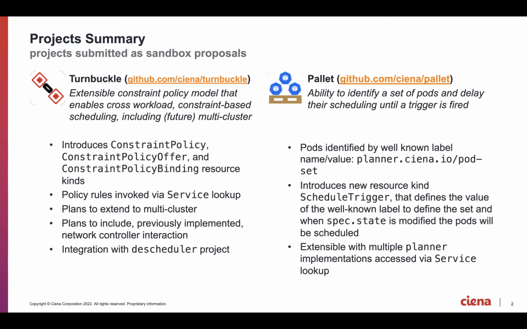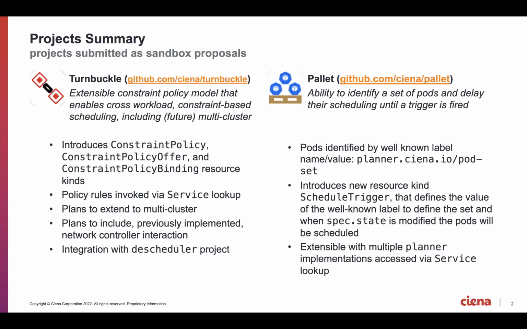Then as the policies or the offers are evaluated, they in turn create constraint policy bindings. And essentially, these are realizations of a constraint policy offer bound to a given set of endpoints or a given set of resources. And so those are kind of the real things that are happening. And those are then associated and evaluated in terms of are the constraints being met? Are they not being met? Are they violation, limit, capability?